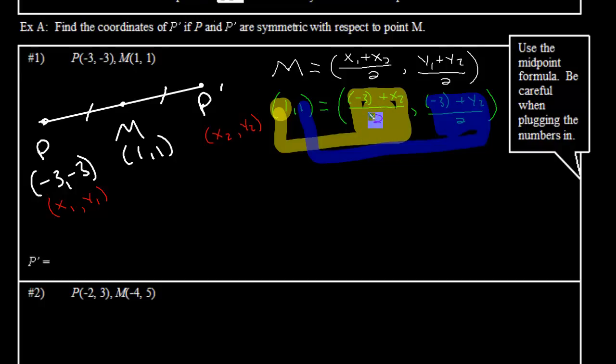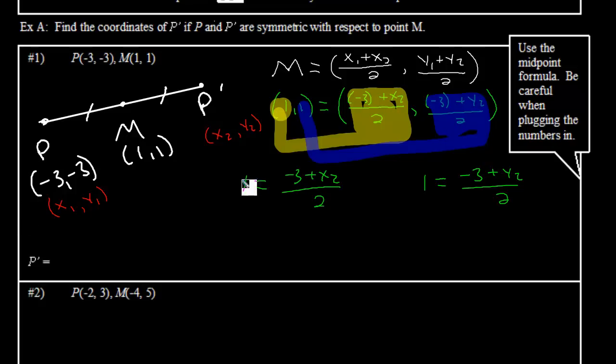They're both representing the same thing, therefore they're equal to each other. So we have 1 equals -3 plus x sub 2 over 2. And then we also have this other equation, 1 equals -3 plus y sub 2 over 2. This particular problem, it just happens to be these x and y values are repeated. It's not always going to be that way.